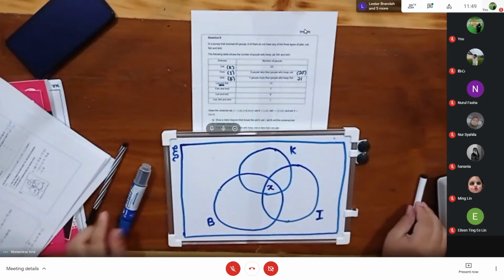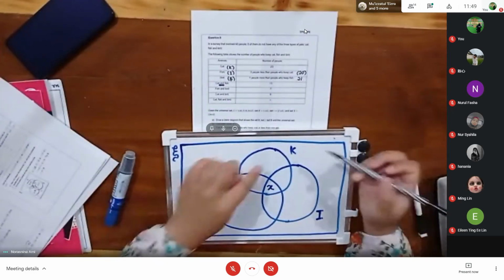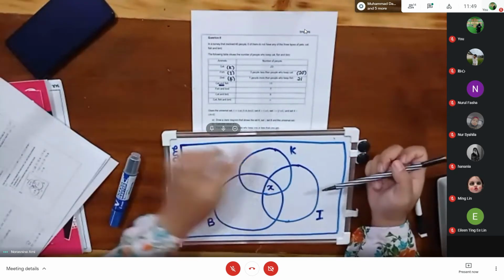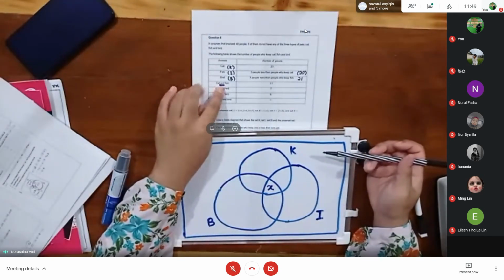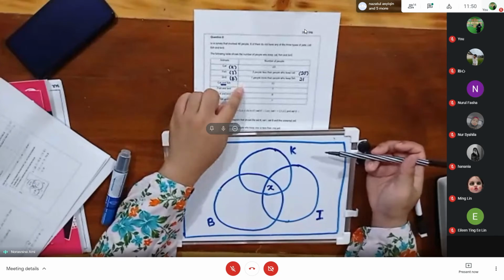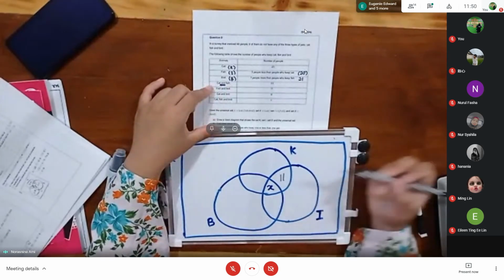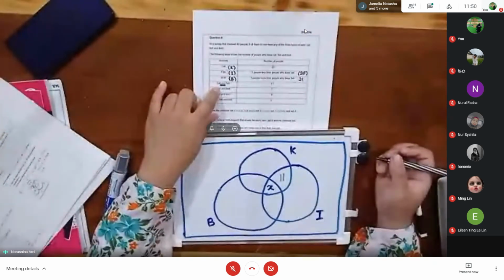Now for the intersection part, I will start with the intersection between the cat and fish. From the table, it is said that cat and fish is 11 people. But we cannot put 11 here because it doesn't say "only".